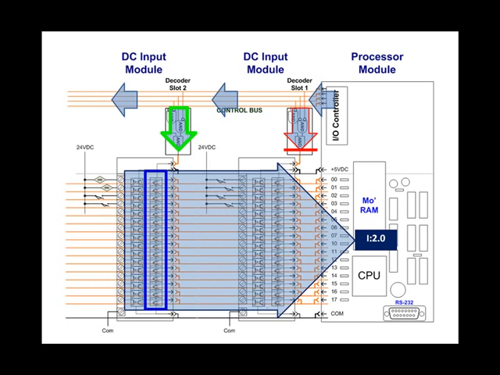Okay, let's summarize what we've done here. We've eliminated all but 16 I/O terminals on the controller board. We created a chassis, a physical structure, a rack, that allows us to plug many input and/or output circuit cards into a common 16-line backplane. And the processor activates one card at a time.